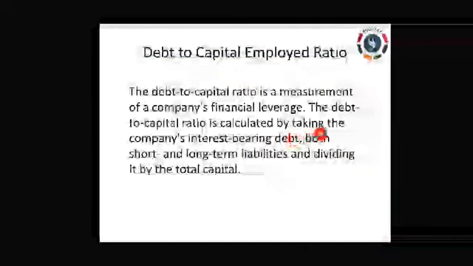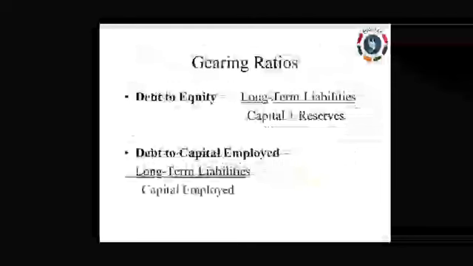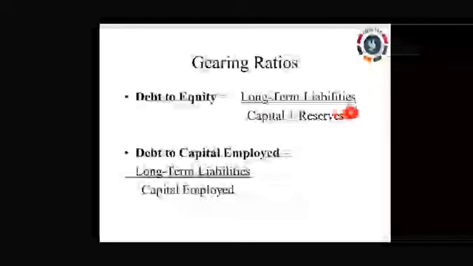By taking the company's interest bearing debt, it covers both short term and long term liabilities. So what's the formula? Debt to equity equals long term liabilities divided by capital plus reserves. Then debt to capital employed equals long term liabilities divided by capital employed.